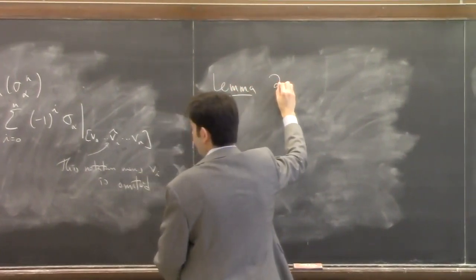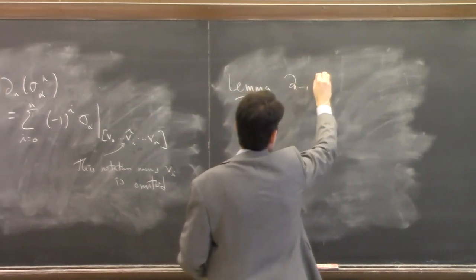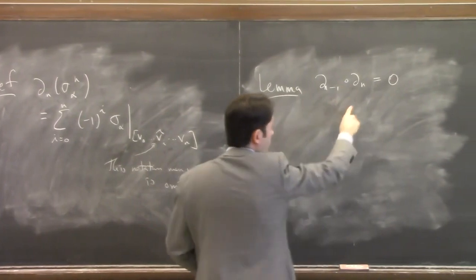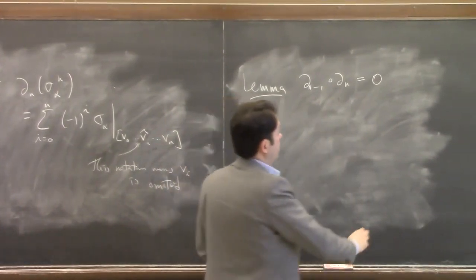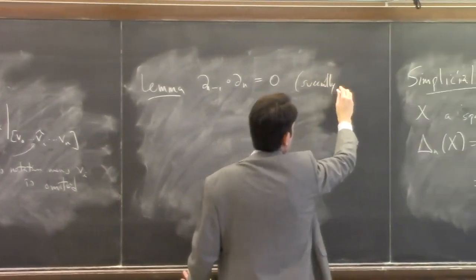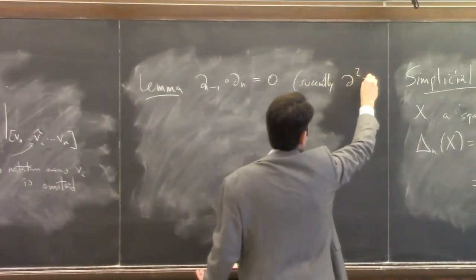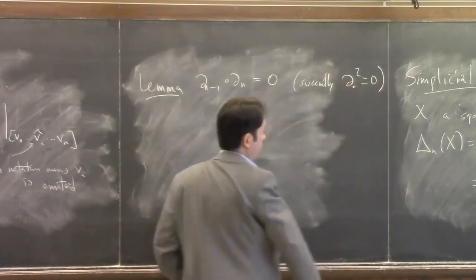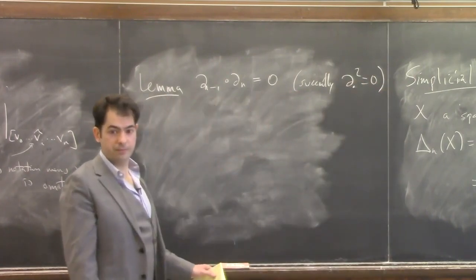Notice that if you take the boundary of a boundary, you get 0. Succinctly, we just say boundary squared is 0, or we might put a dot to indicate whatever index.